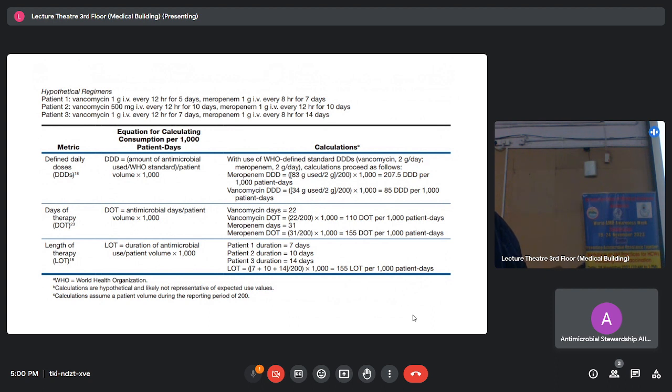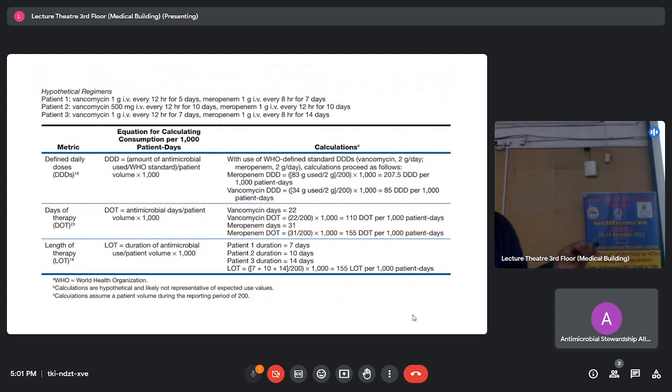So it becomes 3 grams per day, and for 7 days it will be 21. Same for this, and when combined or summed up, the total dose comes to about 83 grams. So this dose is divided by 2 grams, which is the WHO standard. WHO has given a DDD value for every drug.